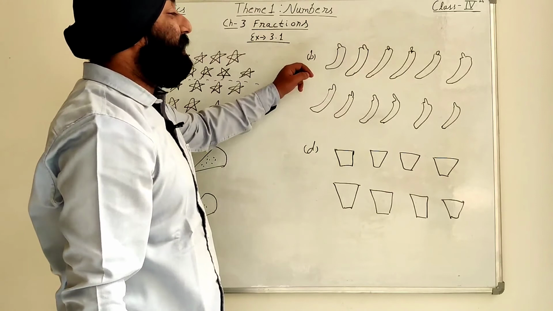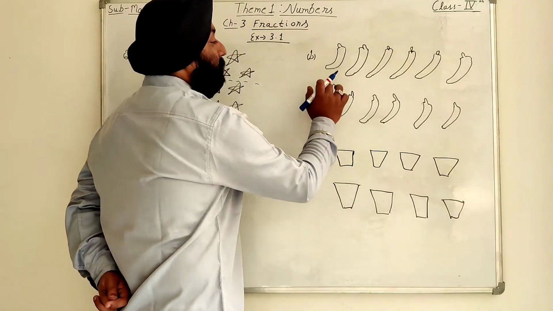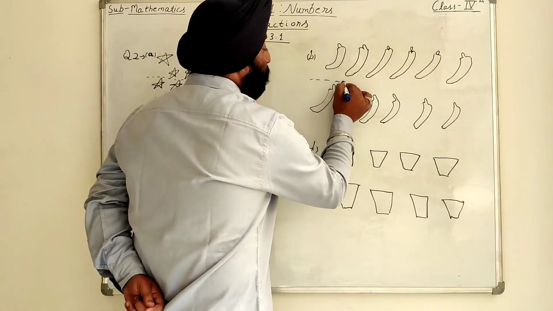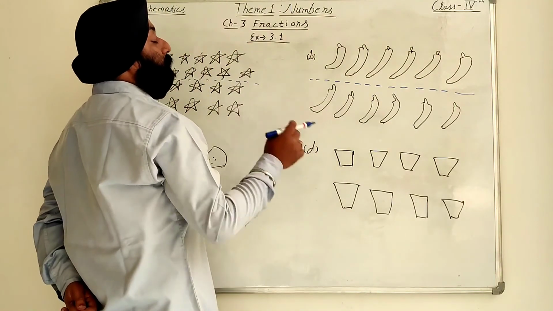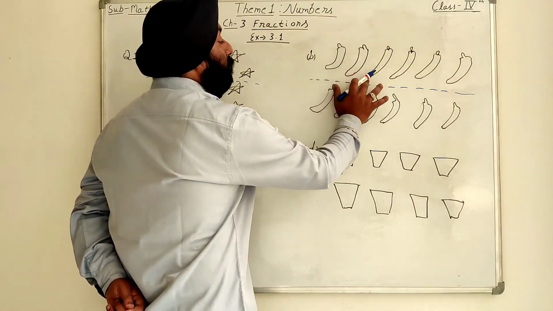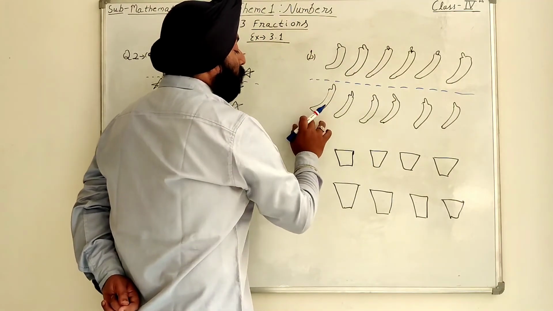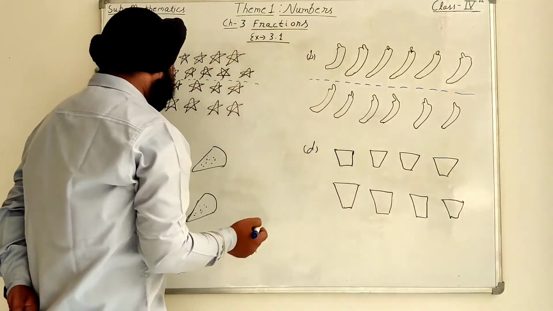This is bananas, my drawing is not good enough. So take it as banana and we have to divide it into two parts. We draw a dotted line between them. 6 bananas in the above row and 6 in the below one.